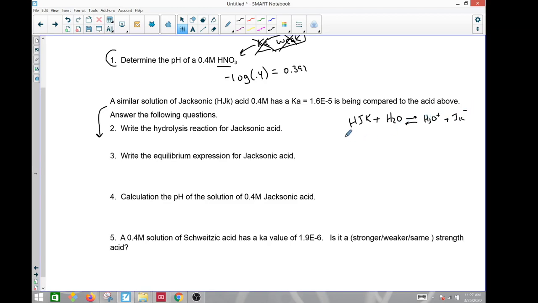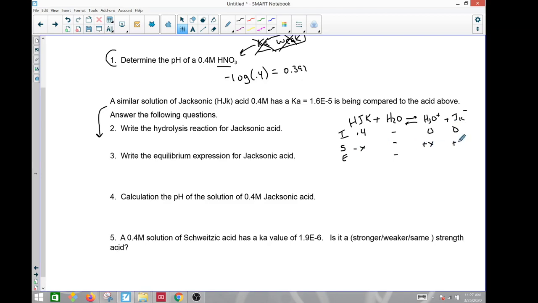Initial, change, end: this is 0.4, not playing a role because it's a liquid. Then 0, 0, minus x, plus x.